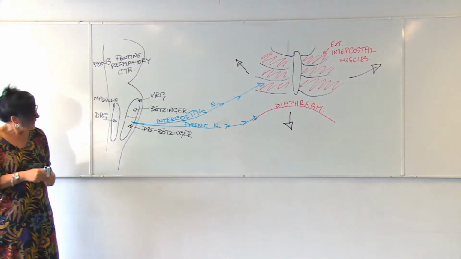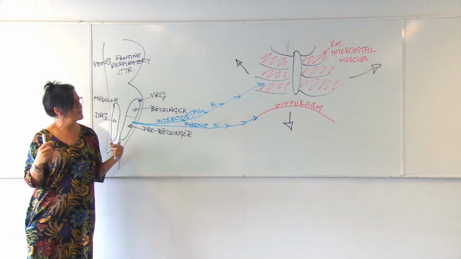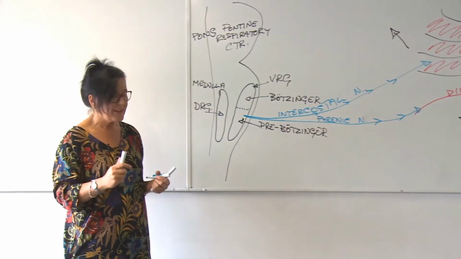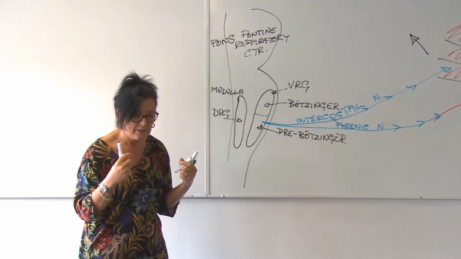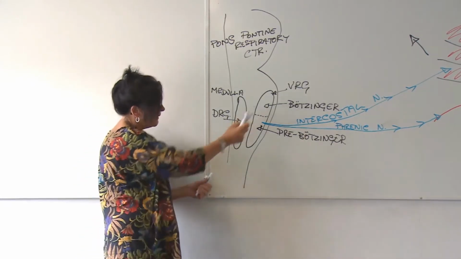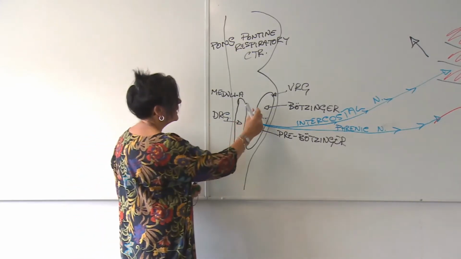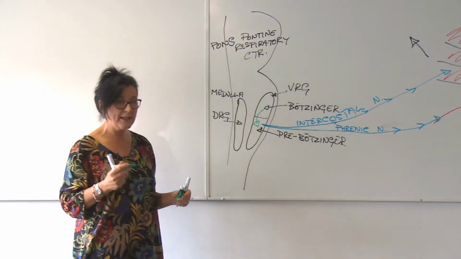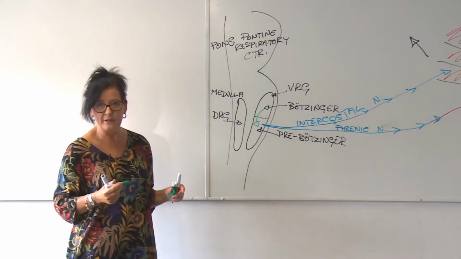So we have a little pause when we get to the point of equalization of air. After that, so that was inspiration, we need to have expiration. And this is where our Botzinger complex up here comes in, because it sends IPSPs, inhibitory postsynaptic potentials, to the pre-Botzinger complex.